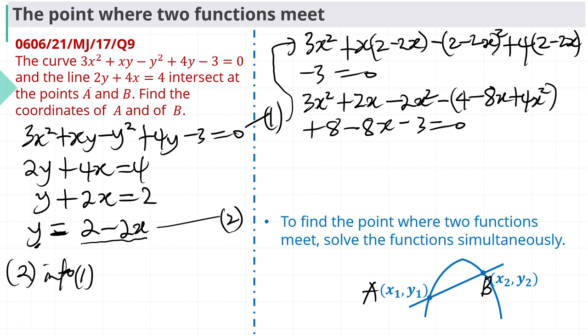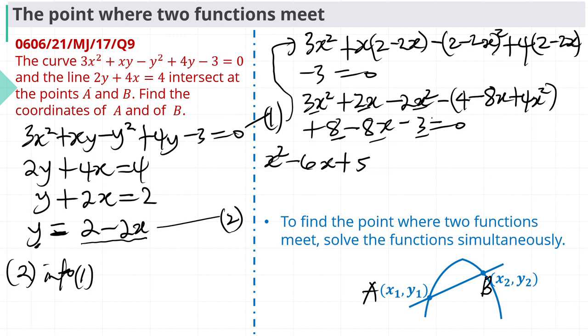Now let's simplify. 3s² minus 2s² gives us s². 2s minus 8s gives us minus 6s. 8 minus 3 giving us plus 5.